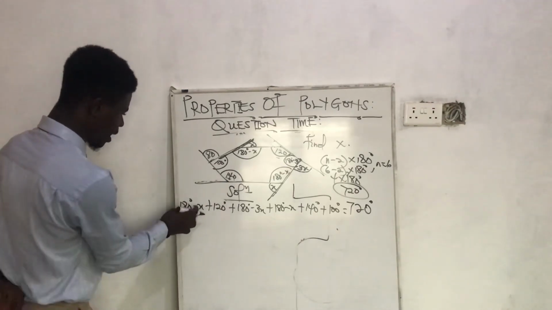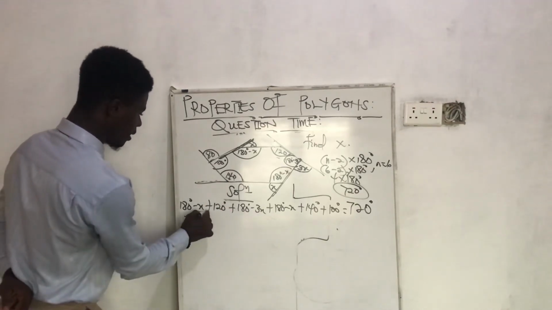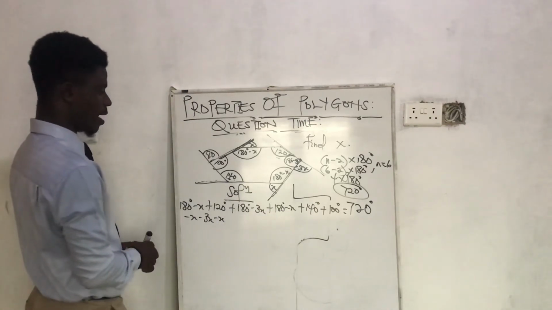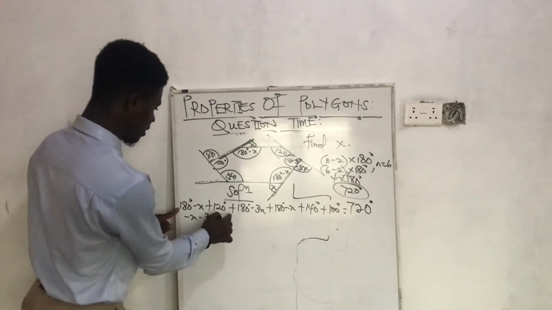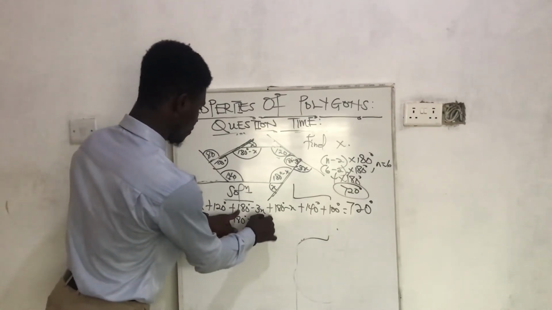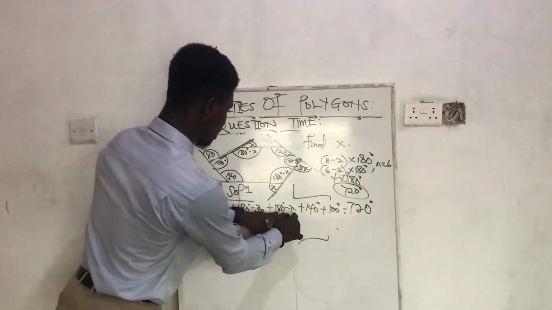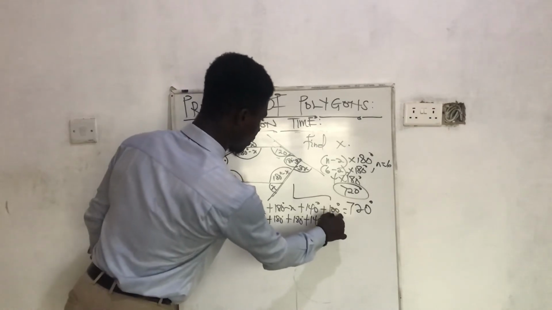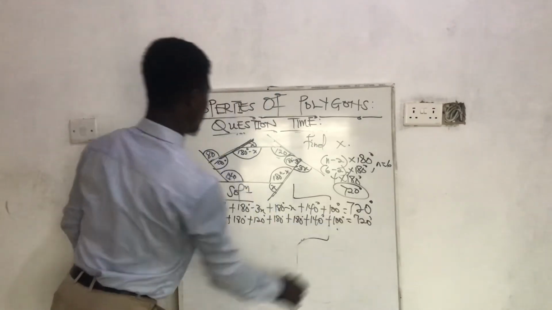We will group like terms. So I have minus x, then minus 3x, then I have minus what? X. Right. Then I have 180, then plus 120, then plus 180, then plus 180 again, then plus 140, then plus 100 degrees equals what? 720 degrees.